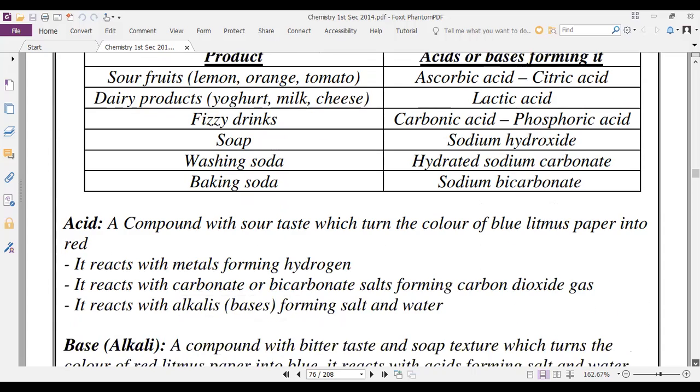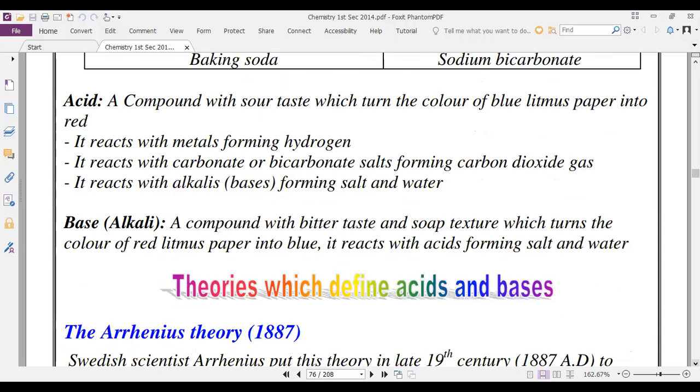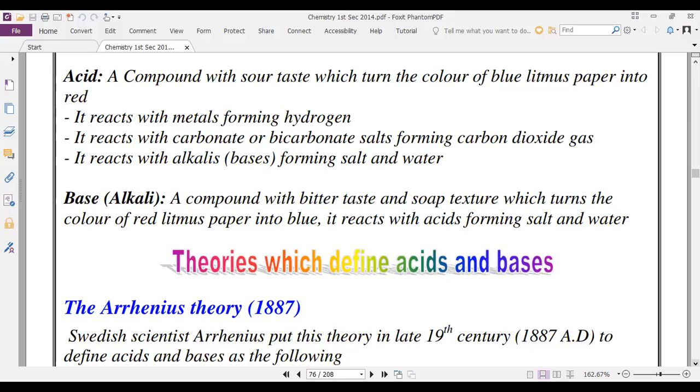Okay, so what's meant by acid? First, acid is a compound with sour taste which turns the color of blue litmus paper into red. So it's a very important property of acids that they change blue litmus paper to red. Also, it reacts with metals forming hydrogen.